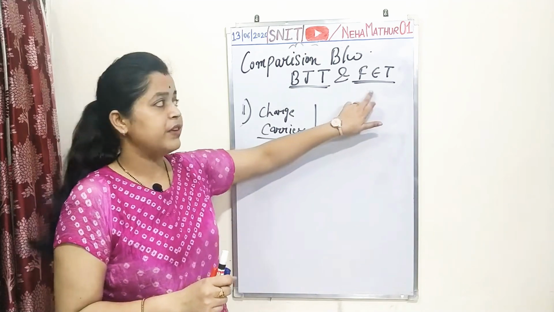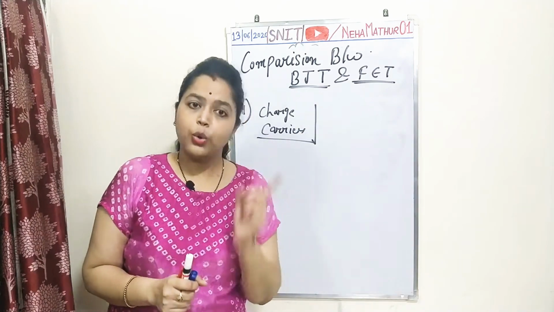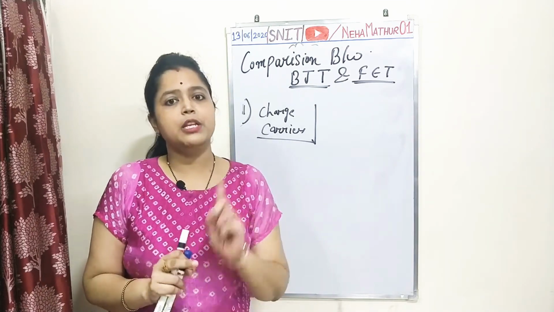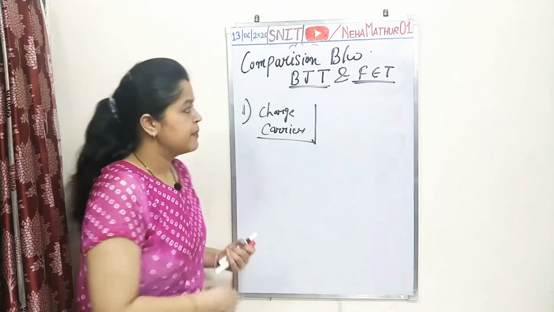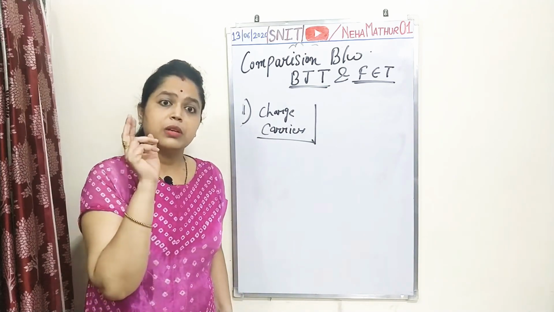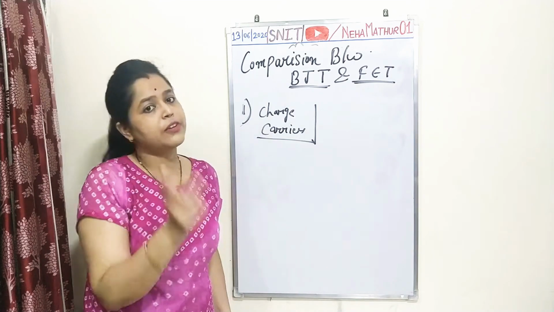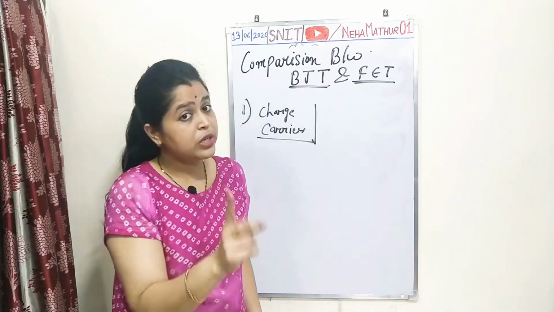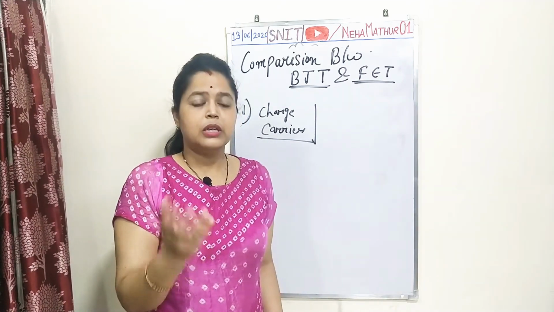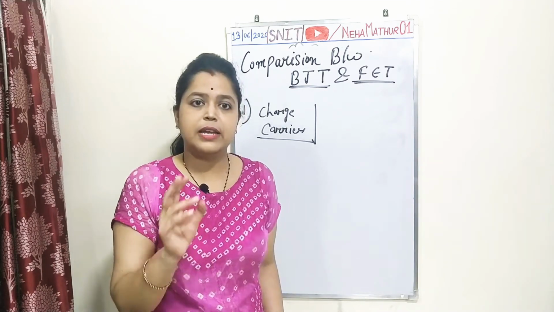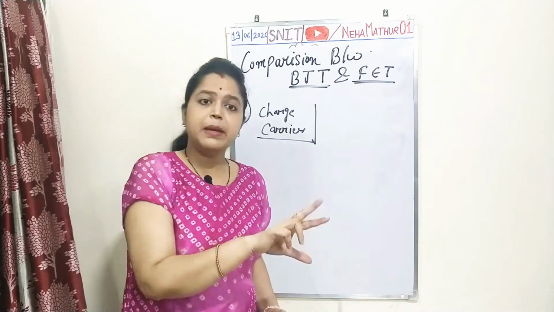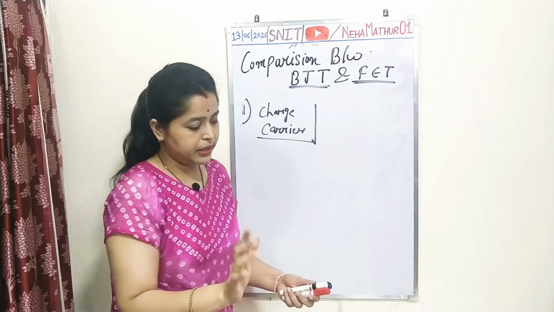But in case of FET, which is a unipolar device, only one type of charge carrier, it may be electrons or it may be holes, will be responsible for the flow of current. That means in BJT, charge carriers are of two types, electron and hole, and both make the same contribution for the flow of current. While in FET, which is a unipolar device, only electron or hole will make the main contribution for the flow of current. That means a single charge carrier is responsible for the flow of current at a time. It may be electron or hole. This is the first important parameter about classification.